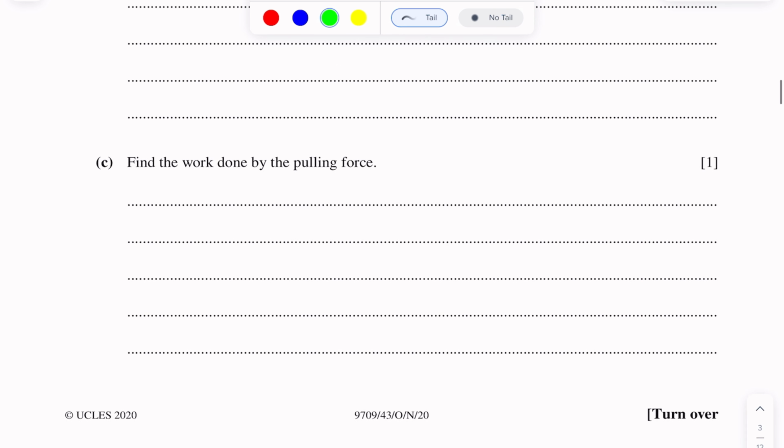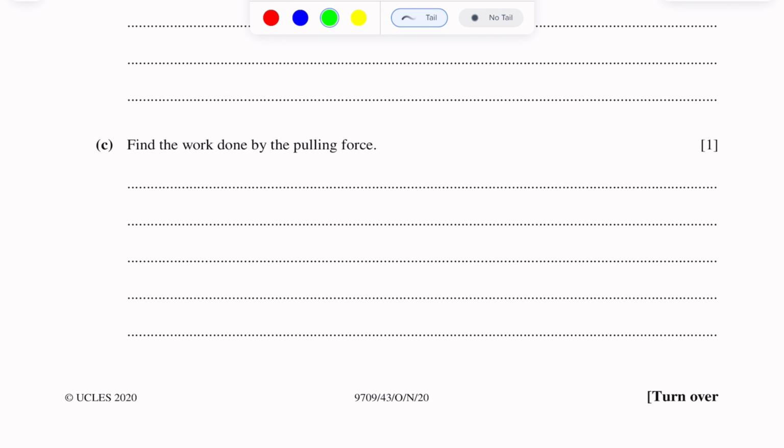Now we use here the work energy relation. The work energy relation is WD, I am writing in short form, WD means work done by driving force, is equal to work against friction, WF, plus change in mechanical energy.